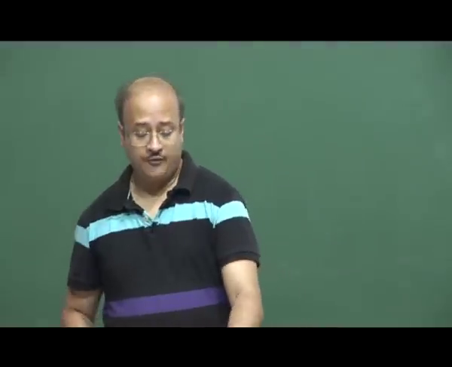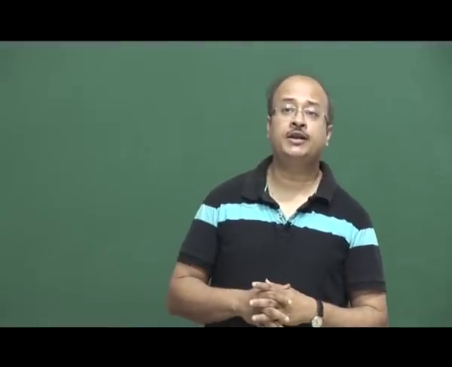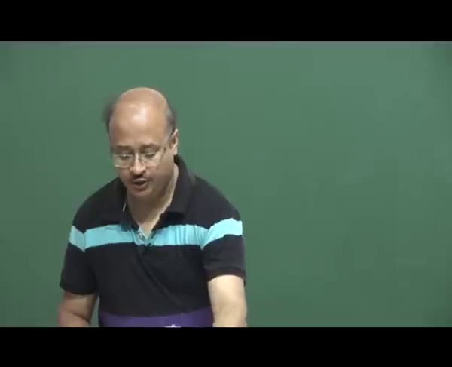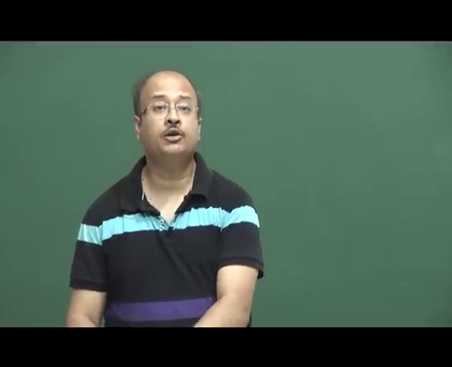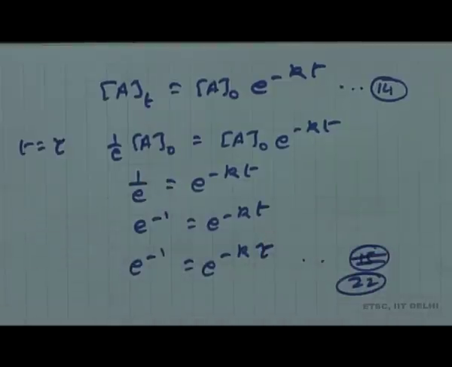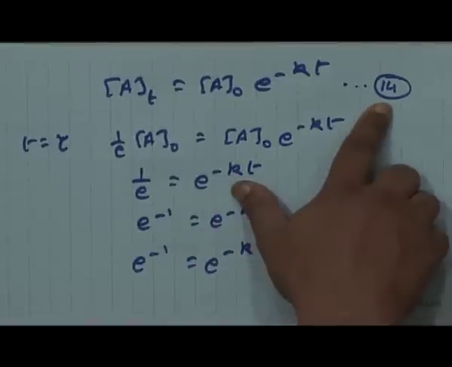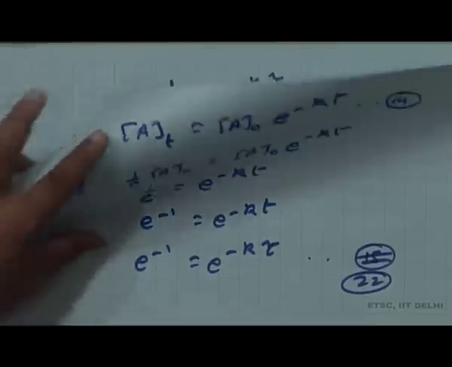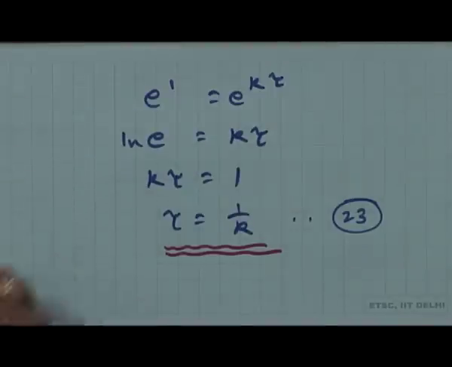So the way the relaxation time was defined, it comes down to 1 by e of its value, so 1 by e of A naught. Once I know that this relaxation time corresponds to that concentration, 1 by e A naught, I put it back in my integrated rate equation, trying to find an expression for tau, the relaxation time. I do it and end up with a very simple expression, tau is equal to 1 by k.